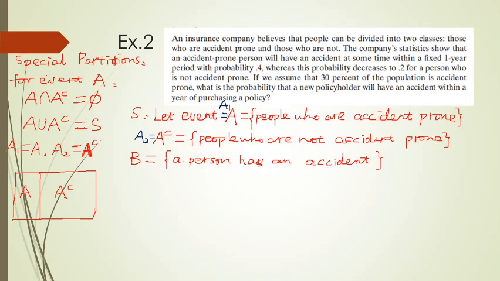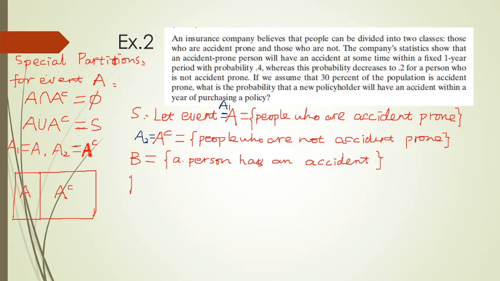But what do those 0.4 and 0.2 mean? Let's read it. The company's statistics show that an accident-prone person, given this person is accident-prone, so they belong to event A, will have the actual accident with probability 0.4.